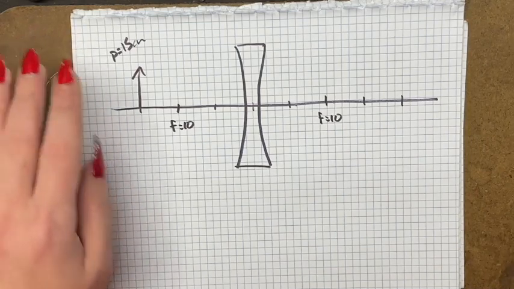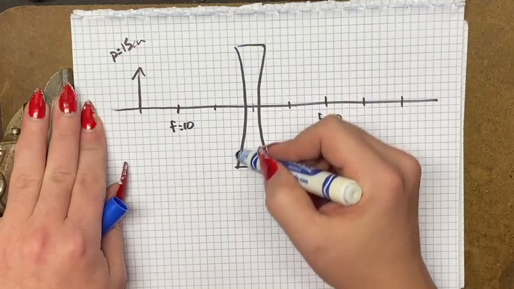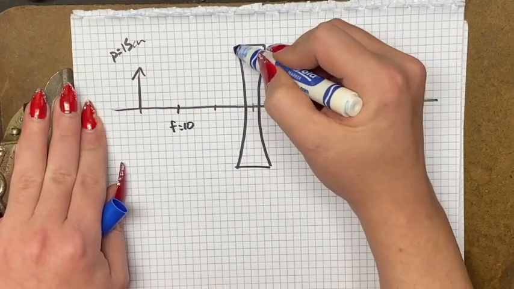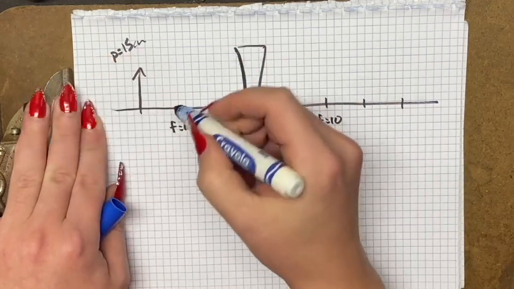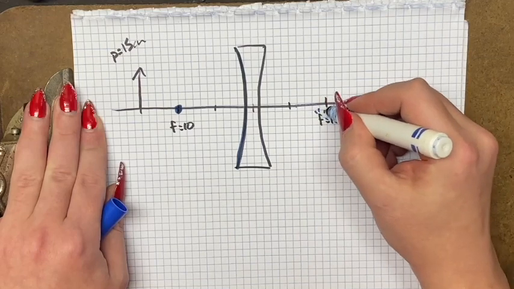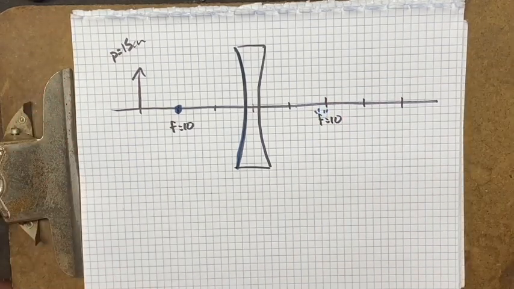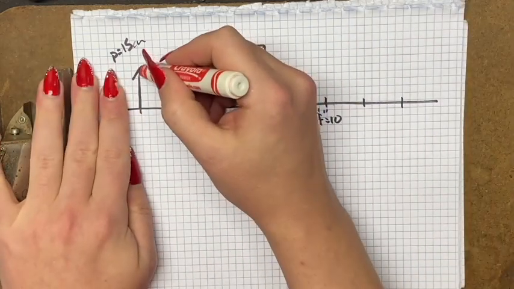So use our mirror trick to figure out which one's which. If this was the first surface and if this was a mirror, then the center of curvature would be on this side and the focus would be on this side. This is the true focus. This one, fake. So if we were going to do our rays, we want to come in flat.